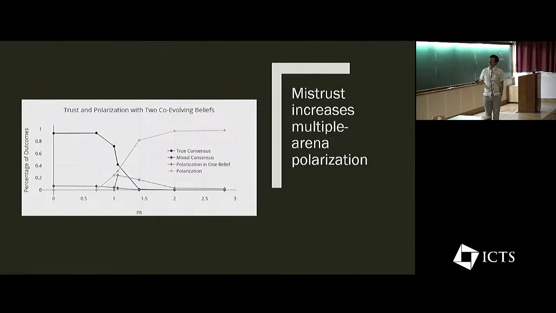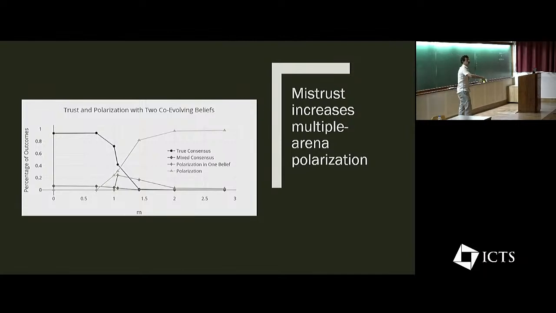Now, polarization here is defined as polarization in both beliefs, using the same technical definition of polarization that I gave previously, right? So because we're using the simplified belief model here, what polarization means is that agents that think arm B is better do so with very high credence.